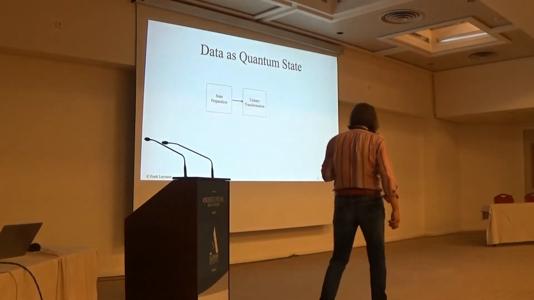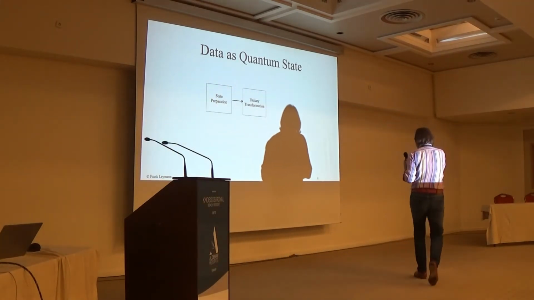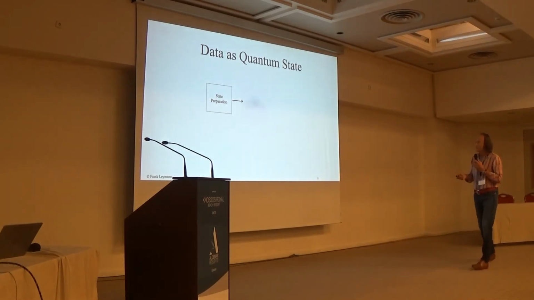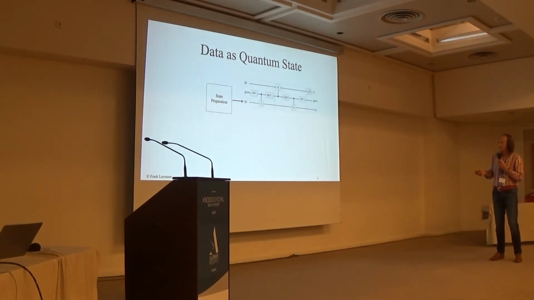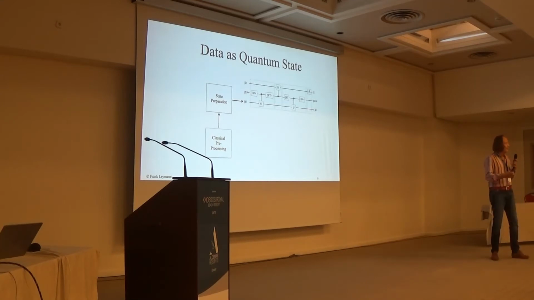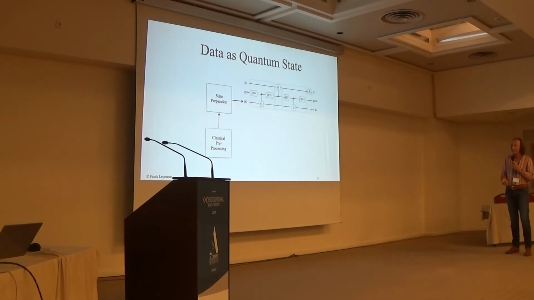that you need to come up with an algorithm, so to speak, to prepare the state. So now the HHL algorithm looks quite simple, and then you need some classical pre-processing in order to generate a circuit that pumps the data into the quantum computer. That's called classical pre-processing.